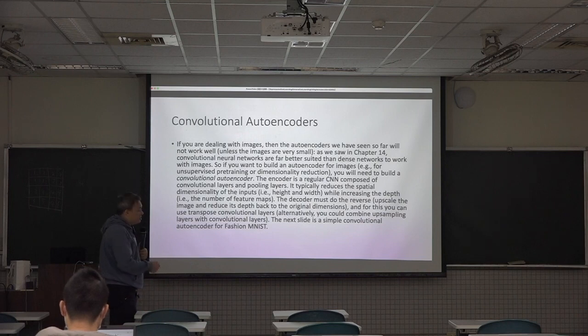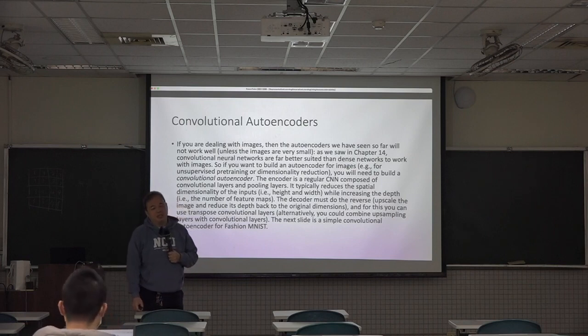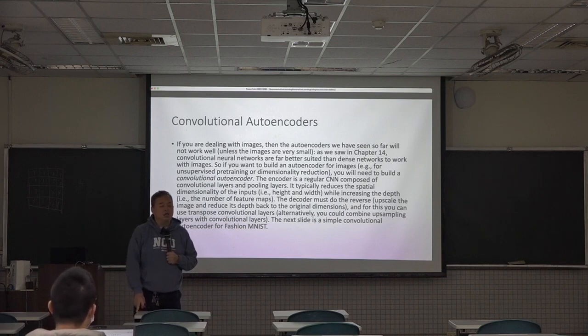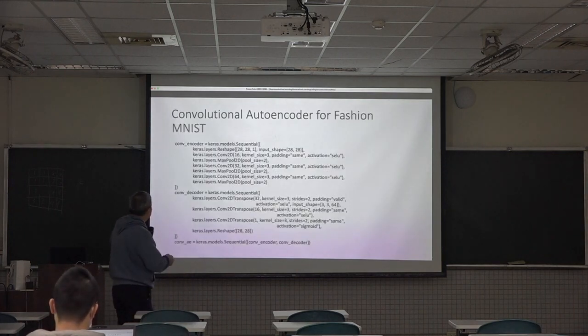Obviously, if your input is pictures, the convolutional layer processes pictures much better than the dense layer. So this is an example. We directly treat the input as one channel, 28 by 28.